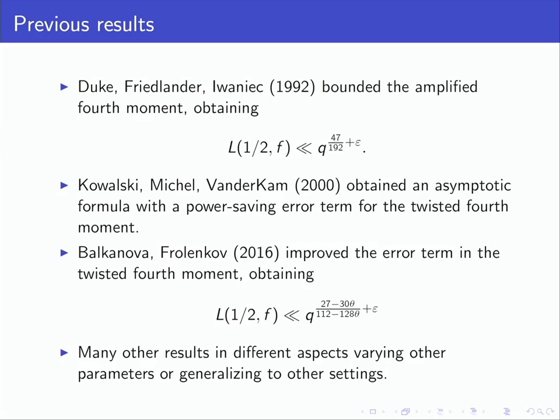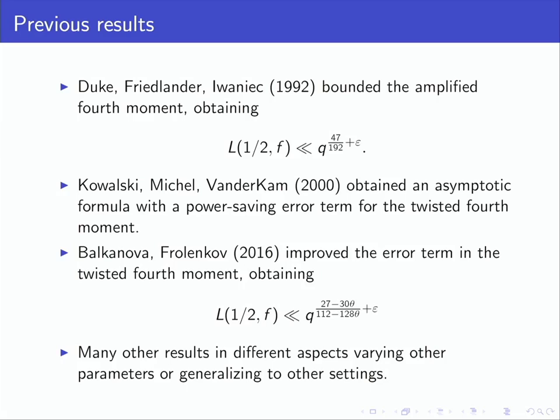Then, very recently, Balkanova and Frolenkov revisited this twisted fourth moment problem and got a better error term. If theta equals 0, their exponent is 27/112. There are also so many results on mean values of L-functions that I think are interesting, where you could do different things, like look at the weight aspect, or vary different parameters.